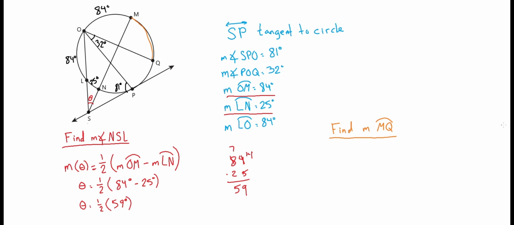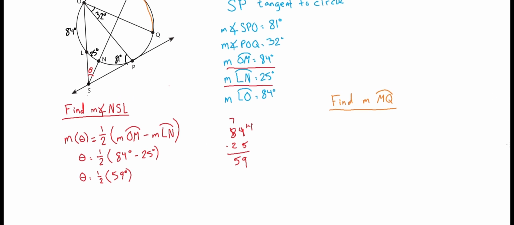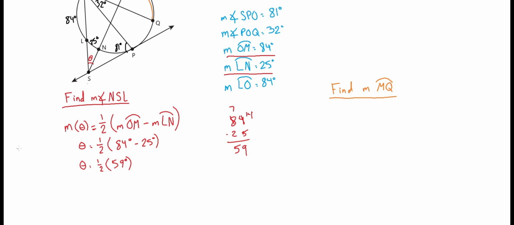Now 1/2 of 59 degrees, just 59 over 2, just one division. You should get 29.5 degrees. So theta, or measure of angle NSL, is 29.5 degrees. So we found that.